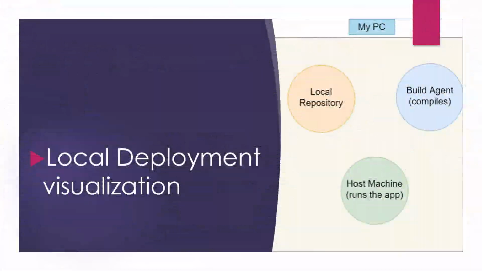In terms of how it would look on the amazing graph, apologies for my graphing skills, it will be something like that, where your PC is that main square and it contains all those elements. Maybe build agent should also be release agent here as well.